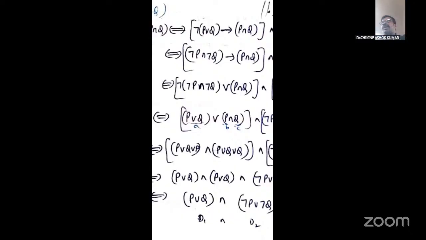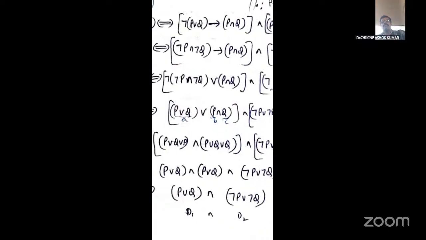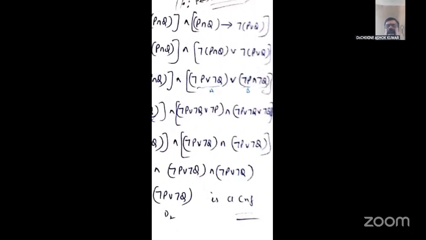If you apply the De Morgan property here also, negation of (negation P intersection negation Q): already the inner proposition has negations, so negation of negation P will become P, intersection will become union, and negation of negation Q will become Q. Union P intersection Q, I am writing as it is. Here negation P union negation Q, union negation P intersection negation Q. So here I am applying the left distributive property.